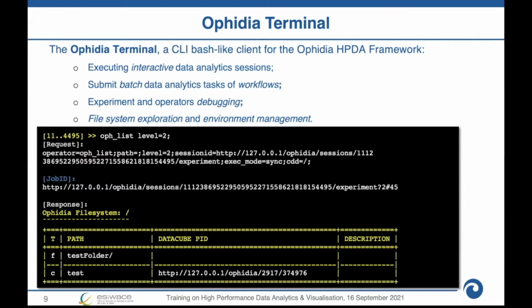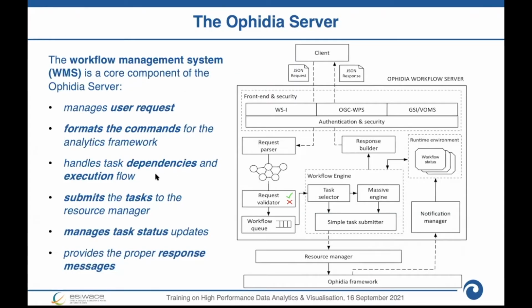The terminal can be very useful in different cases, for example, for executing fast and interactive testing of data analysis commands, so to see if everything works as we expect. Or for example, for debugging the environment and the operators, to explore the file system. But it's also very useful in the case of workflows, since it provides the features to monitor the whole workflow execution. And we will see this in one of the next slides.